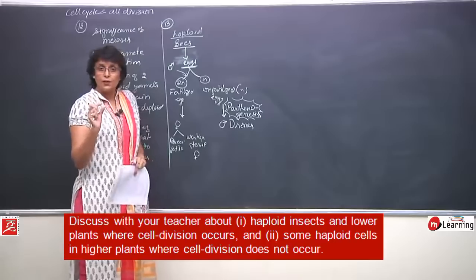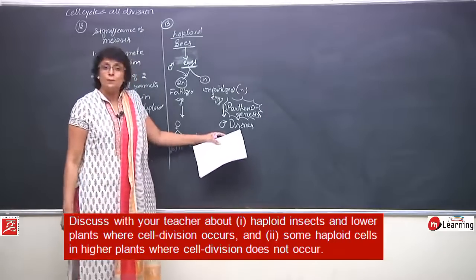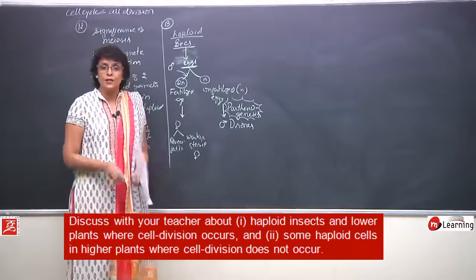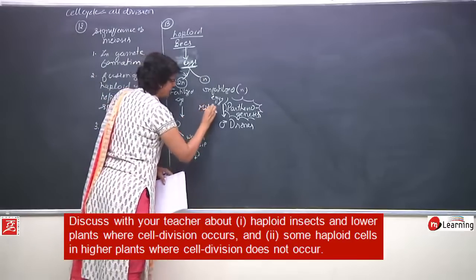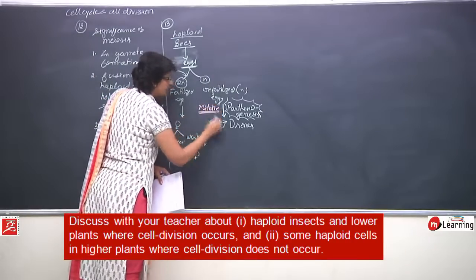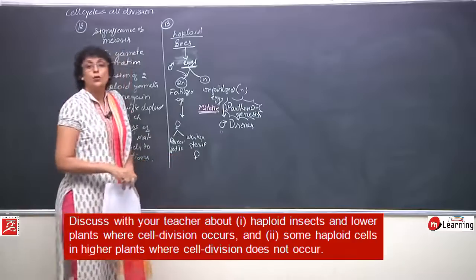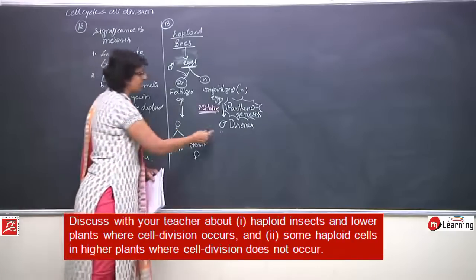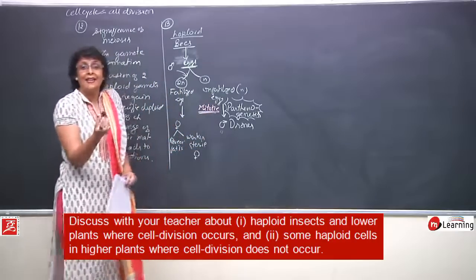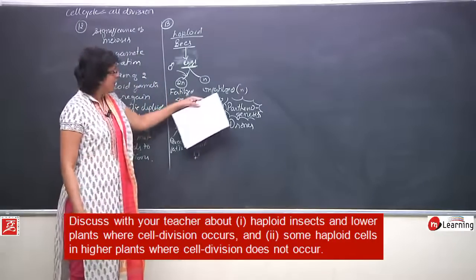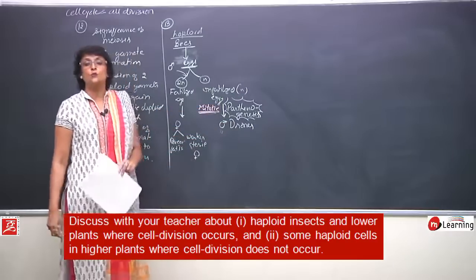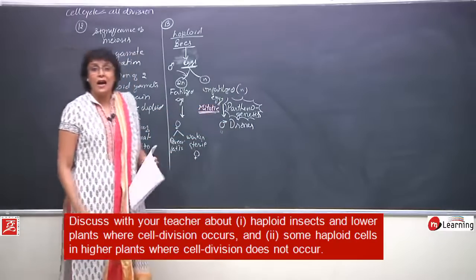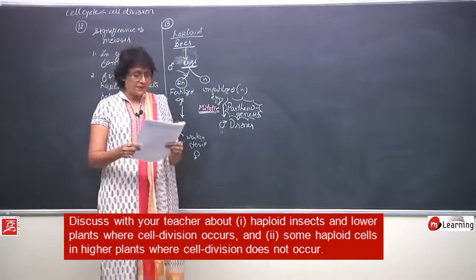How? Some divisions must be taking place. These divisions are all mitotic. That means all the cells of the drone's body are going to be exactly the same as the egg in genetic content. The egg is unfertilized, has half the number of chromosomes, so all cells of the drone would have the same half number of chromosomes.